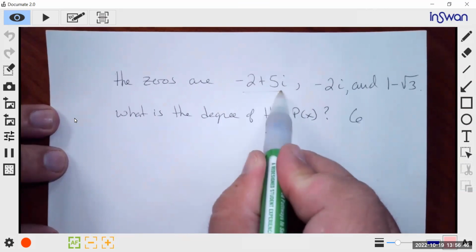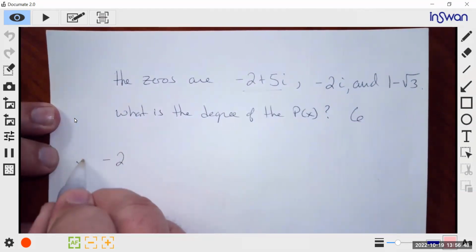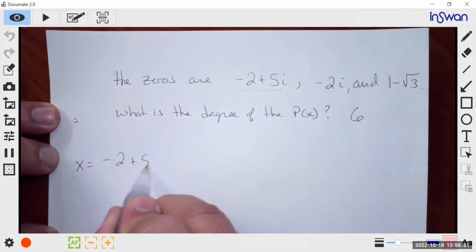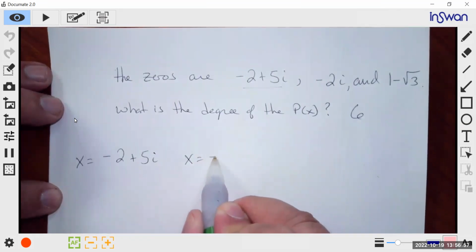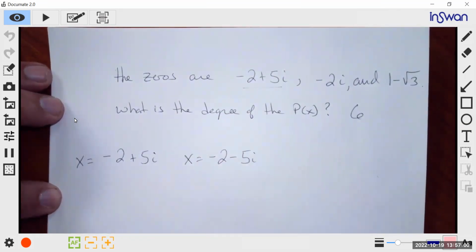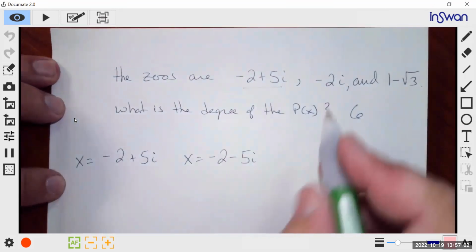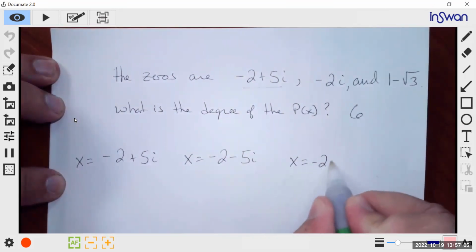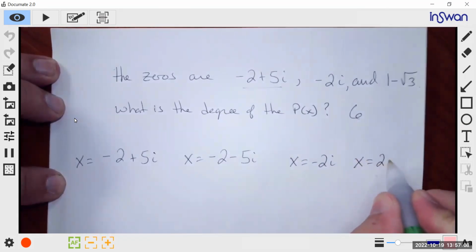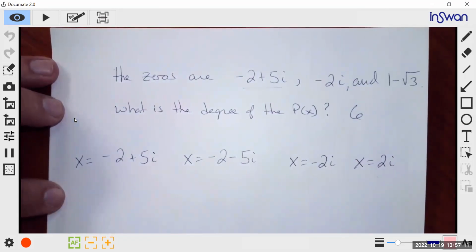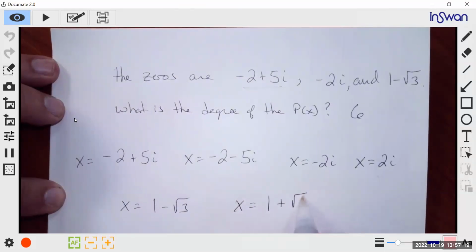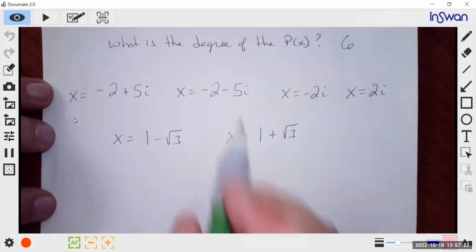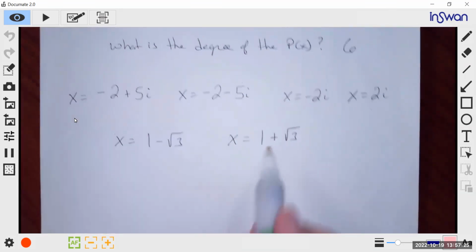Because if this is a 0, if x equals -2 plus 5i, I also have to have its conjugate. What's its conjugate? -2 minus 5i. If x equals -2i, its conjugate is +2i. If one of my x's is 1 minus radical 3, I have to have its conjugate, 1 plus radical 3. Whenever you have imaginaries or radicals, you have to have their conjugates.